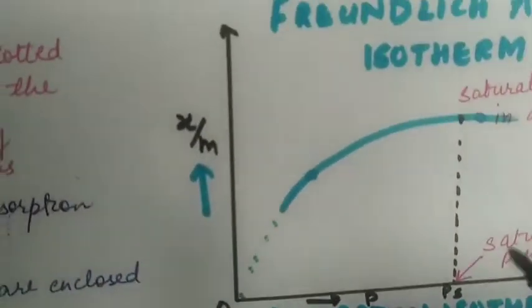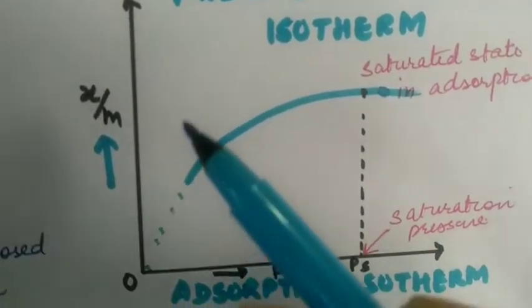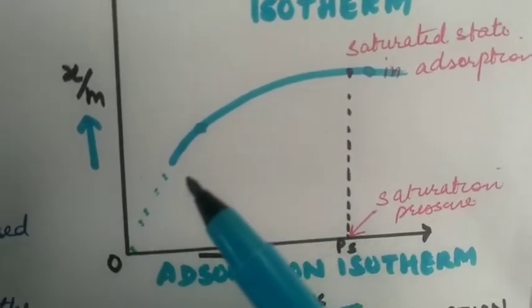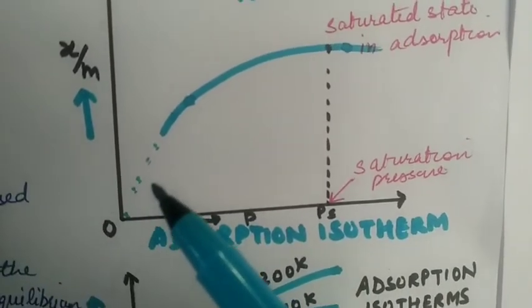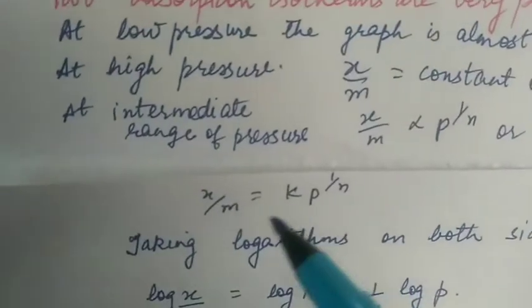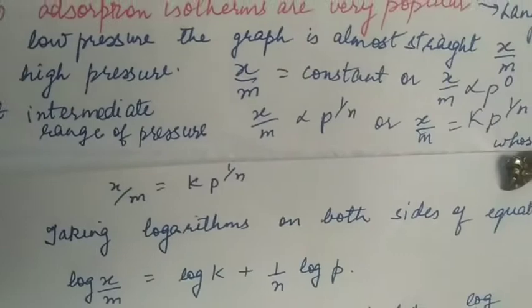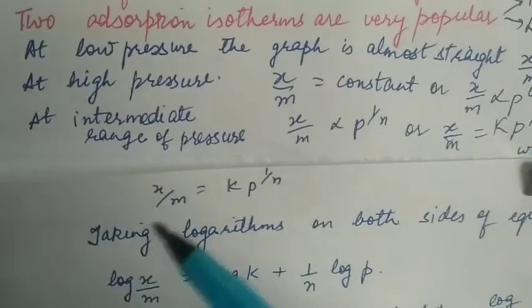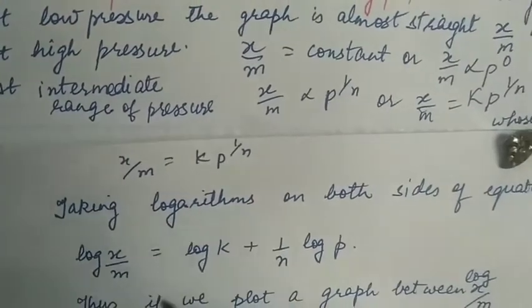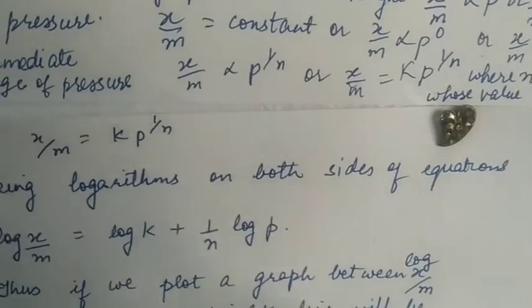But at intermediate pressures, x by m is not equal to k into p raised to power 1 or 0. Here the relation is x by m is equal to k into p raised to power 1 by n. Now taking log of this equation on both sides, we get log x by m is equal to log k plus 1 by n log p.